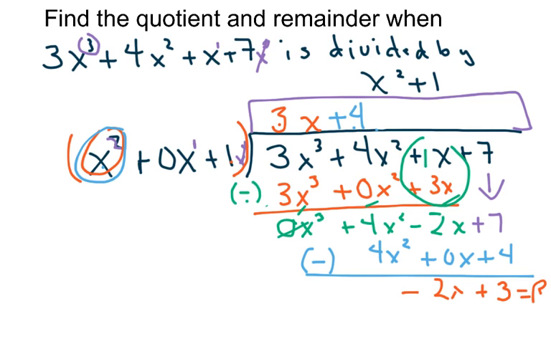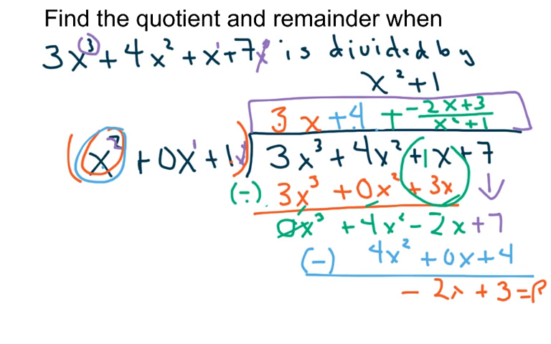And we're going to write up here, plus, as your remainder, negative 2x plus 3 over your divisor, which is x squared plus 1. And you can put the 0x if you want. Okay? So that's how you do long division.